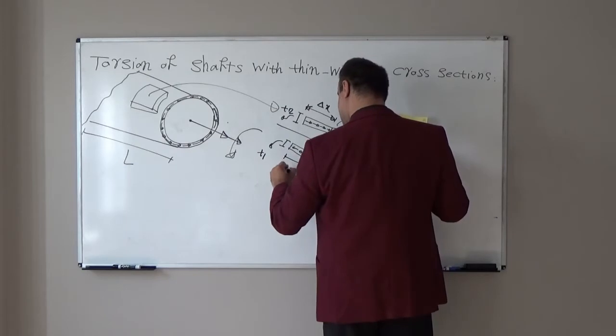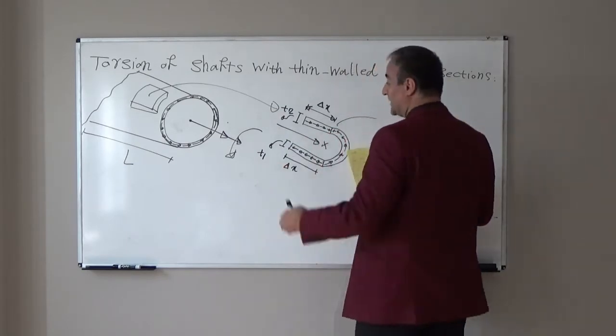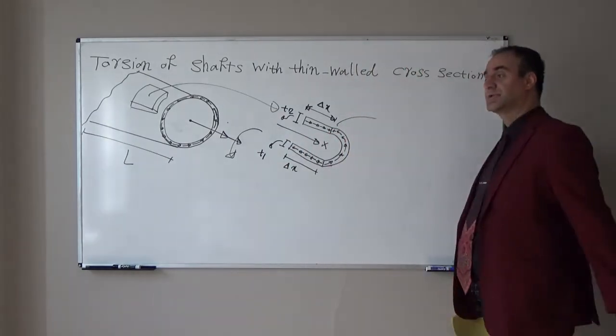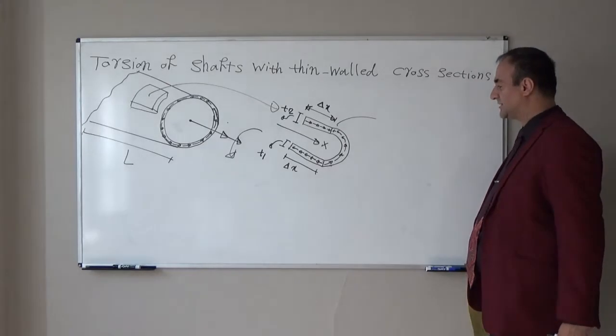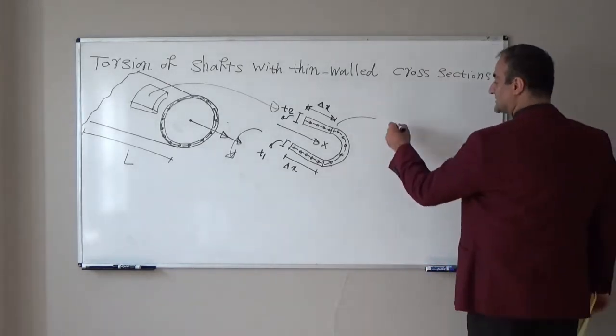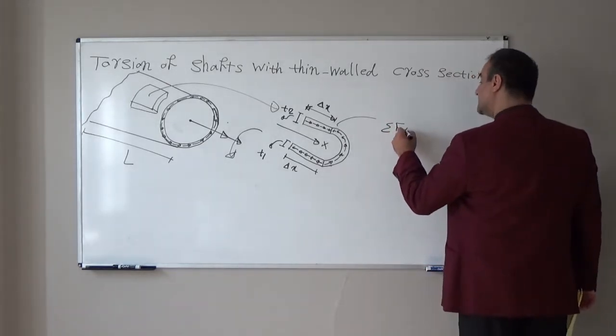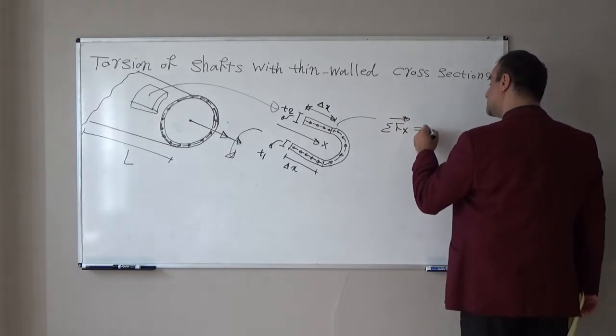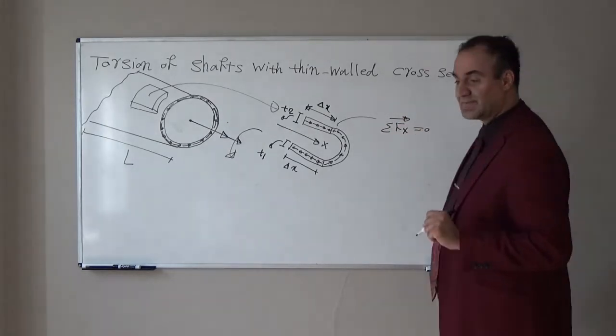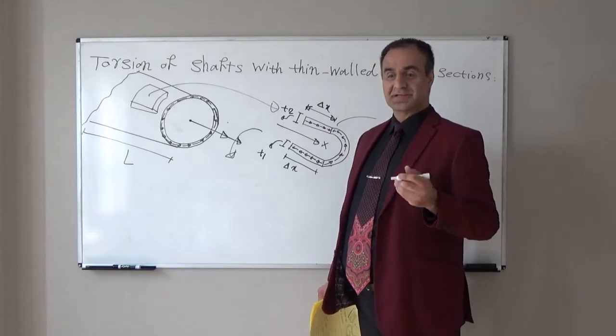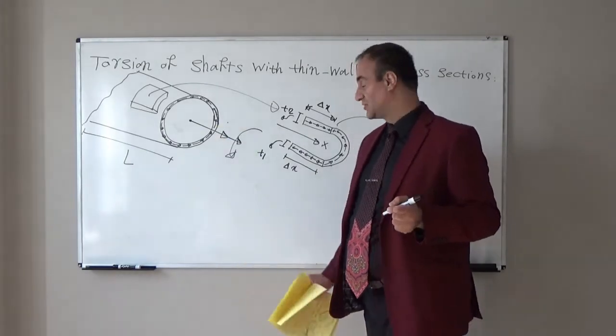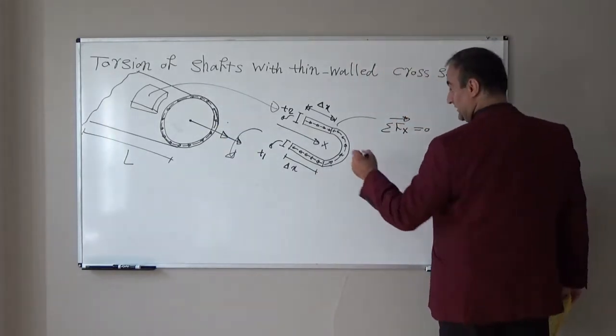And again, this is delta x. And the longitudinal direction, I assume it is my x direction. If I write the summation of forces in the x direction equal to 0, in order to have that element in equilibrium, the summation of forces in the axial direction should be equal to 0.